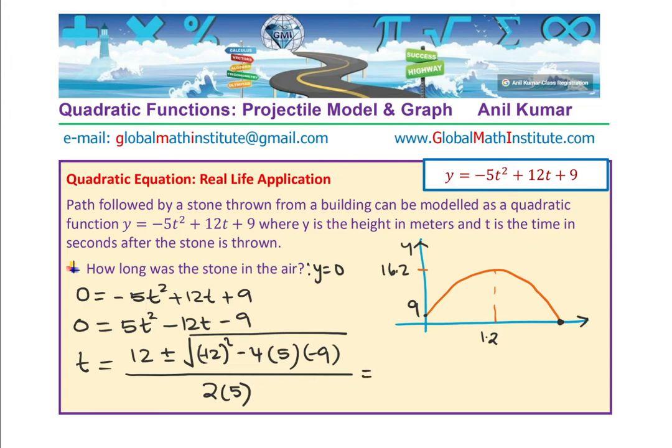So we get this as equals to 12 plus minus 18 over 2 times 5, which is 10. This value has to be greater than 0, right? So we are only looking into positive value. So 18 plus 12, which is equal to 30 over 10 or 3 seconds.